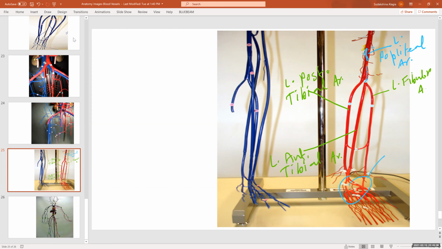You see the left arterial plantar arches, okay, and you can see the femoral too, left femoral artery.